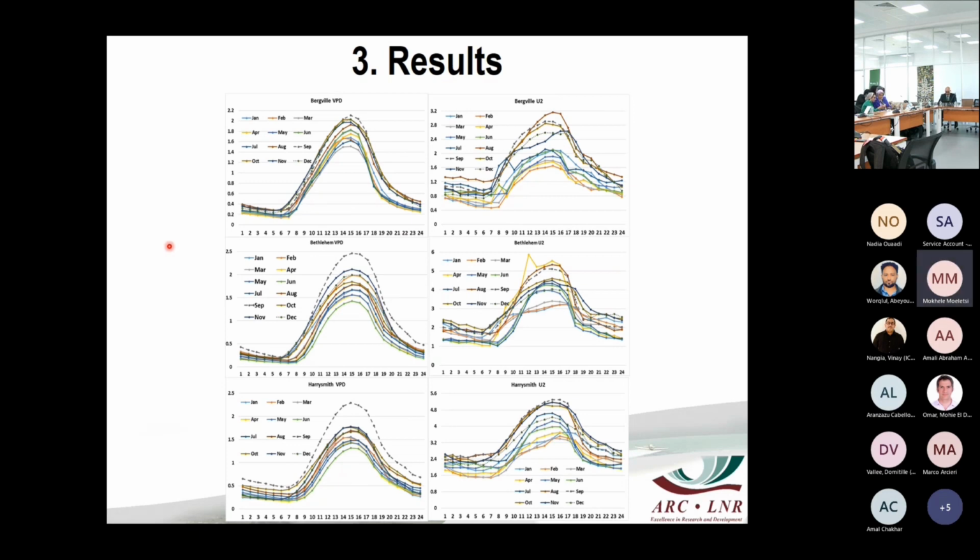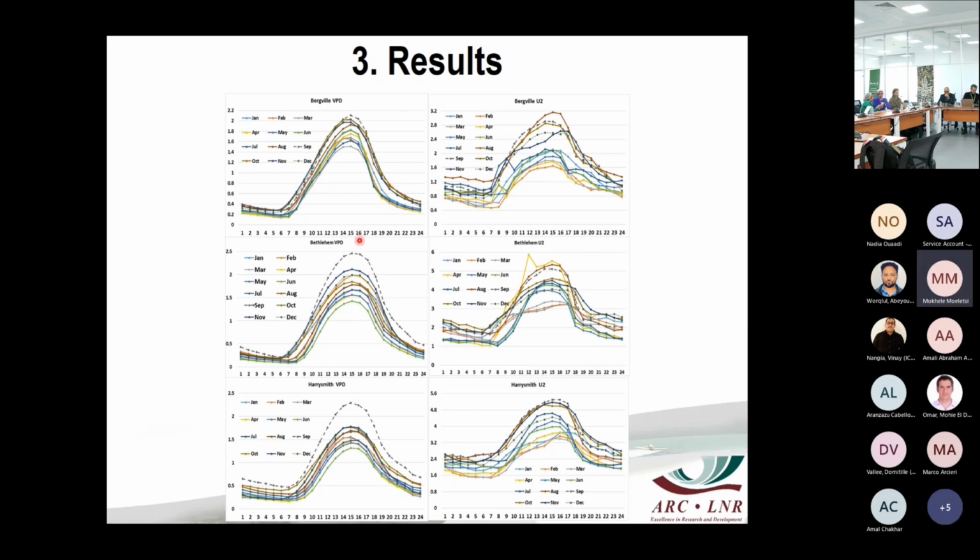As you can see, it varies a lot during the day. It peaks in the early morning and also goes down during sunset. Most importantly, the peak is around 12 to 16 hours during the day.